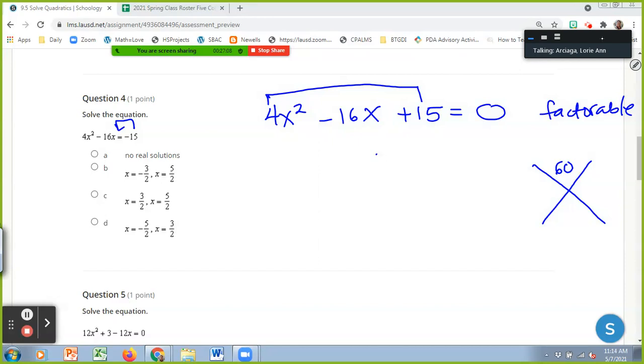So 60 is 4 times 15. Can you find me two numbers such that when you multiply them, you get 60, but if you add or subtract them, you get negative 15? What is that?